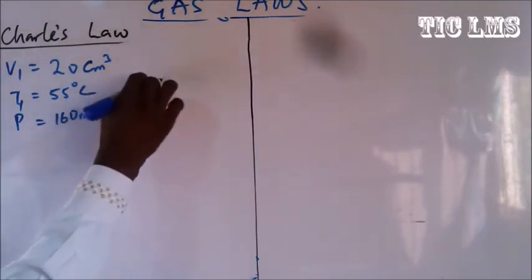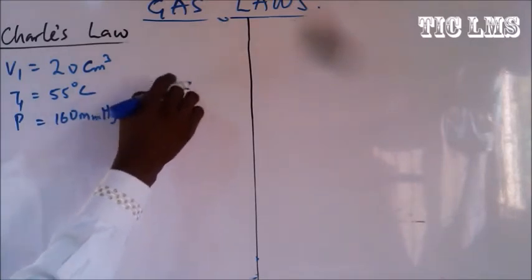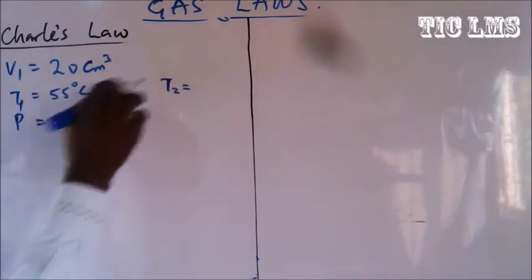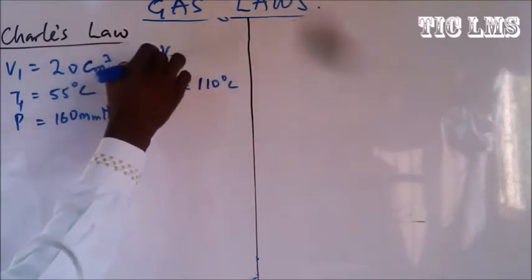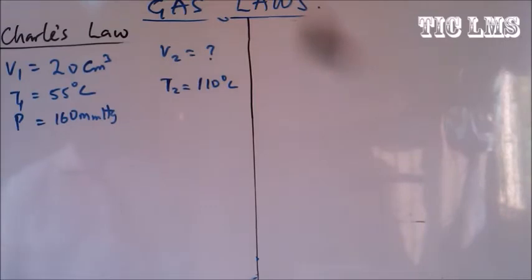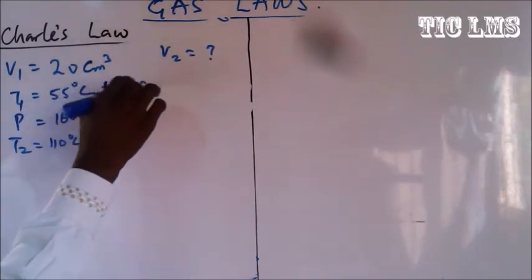So if you have a double temperature, that's our T2, and that will be 55 multiplied by 2, that is 110 degrees Celsius. Now we have to find V2. First, we need to have our temperature in Kelvin. To get our T1, we'll add 273.